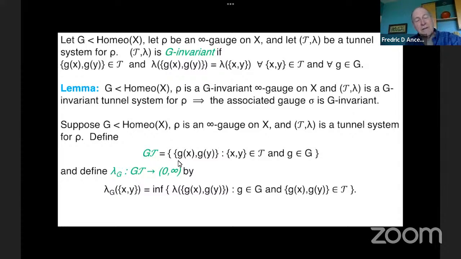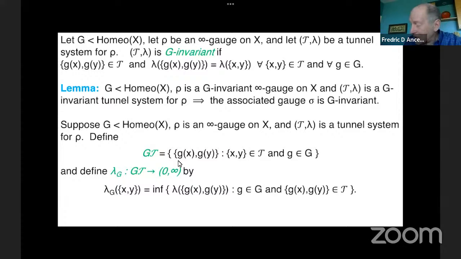If you take an arbitrary pair of points that are in this enlarged set of tunnels, you can always translate it back into the original set, and you don't know that the length function is invariant under that procedure, so you take infs, and that works.